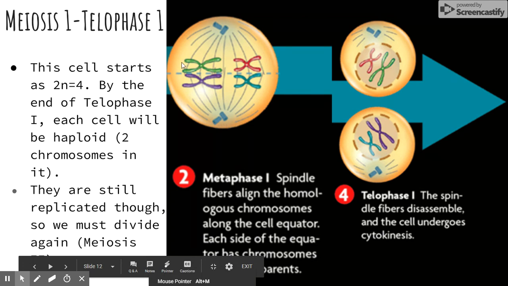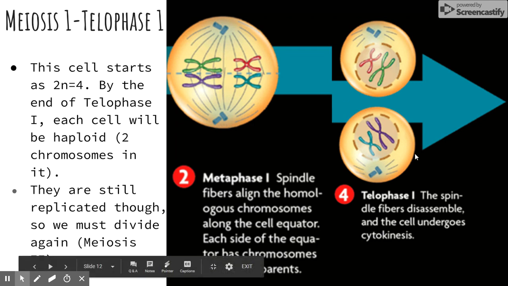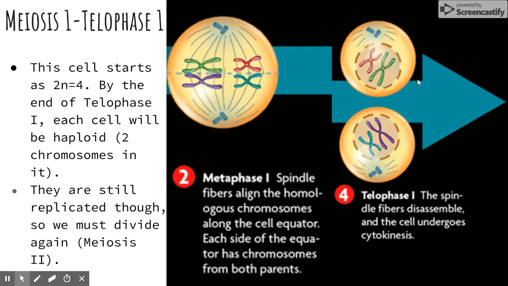Now, I just want to compare where we started and where we ended up. So here we have metaphase, where we still have all 4 chromosomes in a single cell. Now we have the end of telophase 1, where we have 2 different cells, and we've already set up that haploid result because we only have one version of each of the chromosomes.